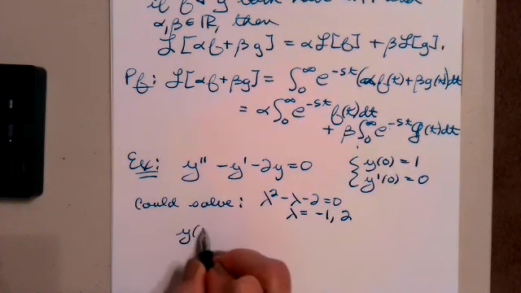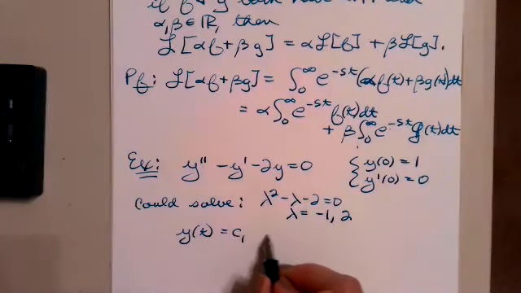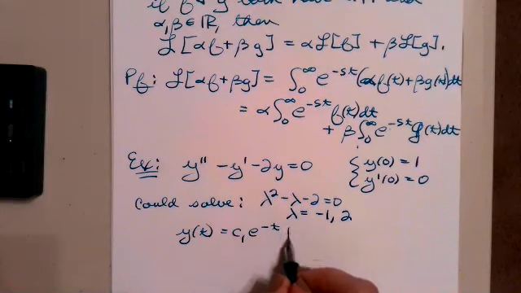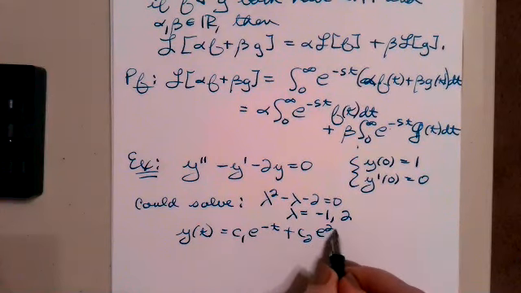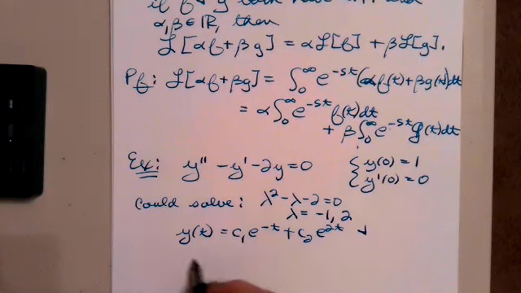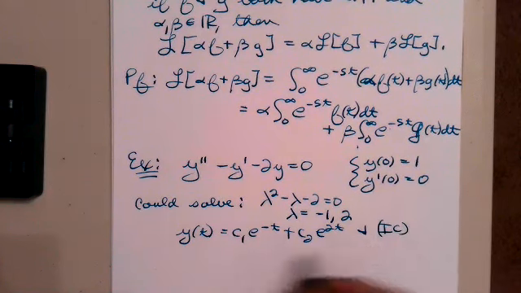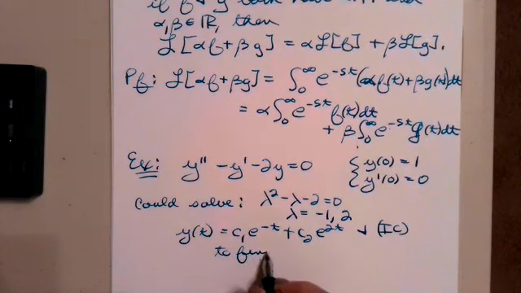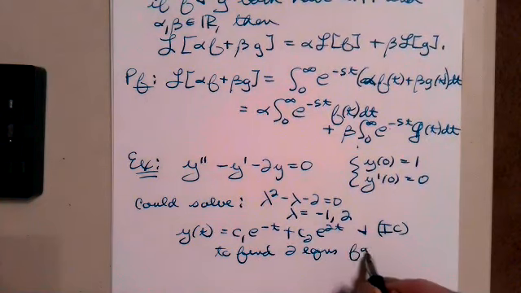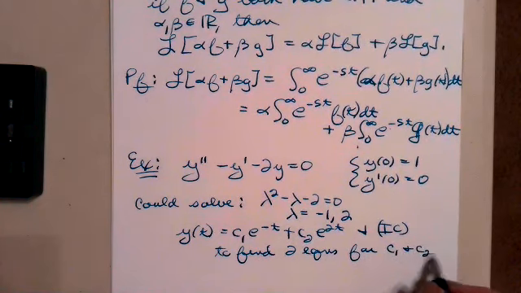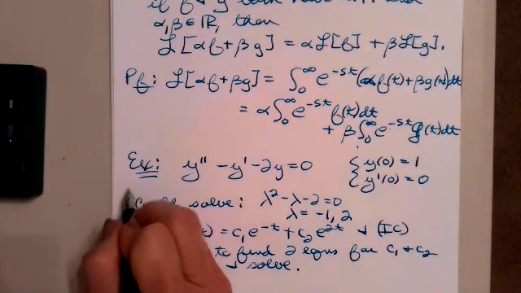So your general solution would look like C1 e to the minus t plus C2 e to the 2t. And then you would use the initial conditions to find two equations for the two unknowns C1 and C2 and solve. Okay, so that's method one.